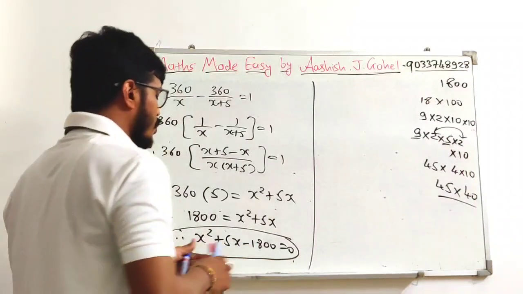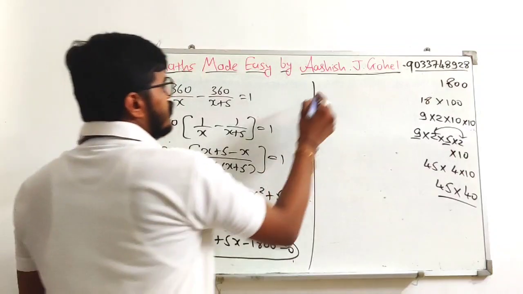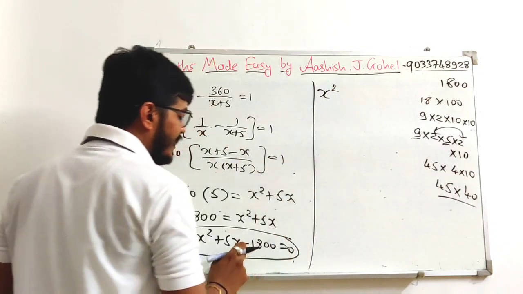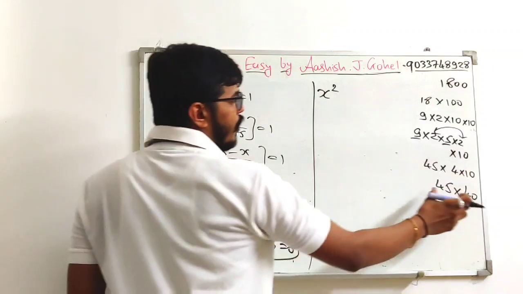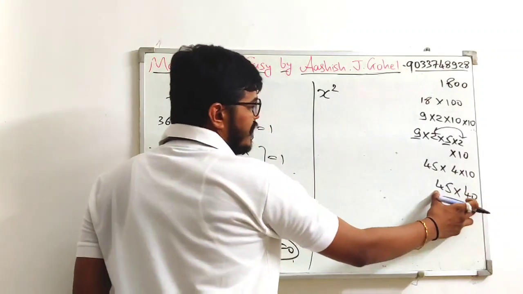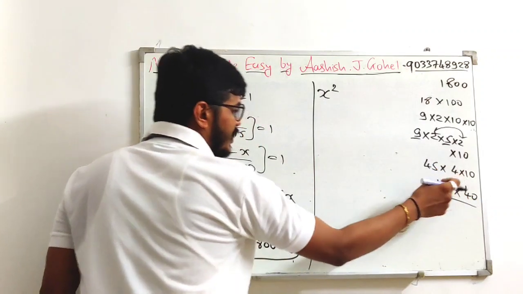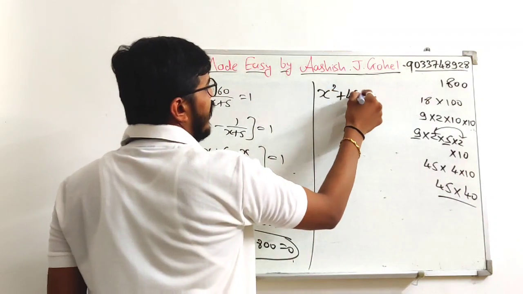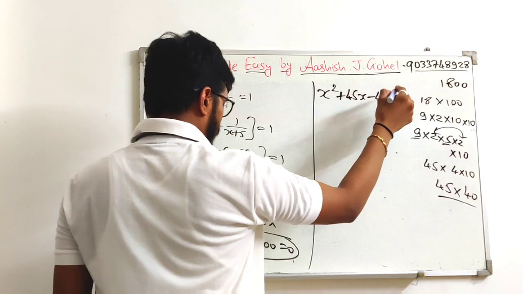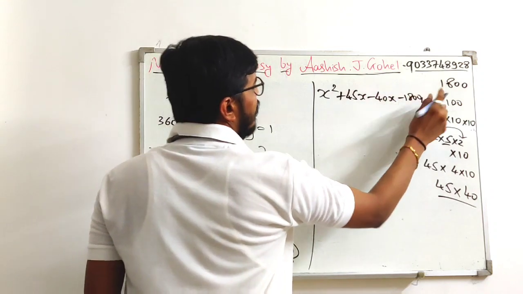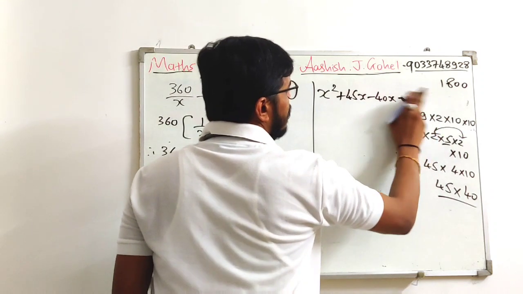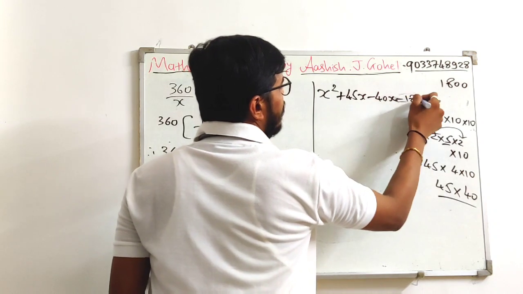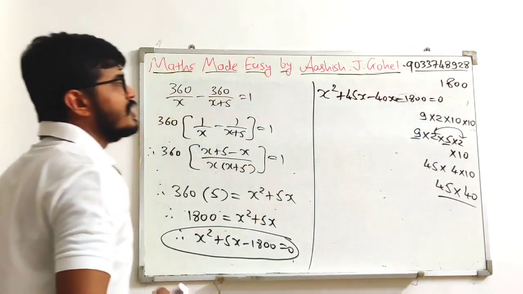Okay, so we'll split the middle term now. Here negative is there, so we will give opposite sign to both the numbers and the bigger factor will get the sign of the middle term. So x square plus 45x minus 40x minus 1800 is equal to 0.